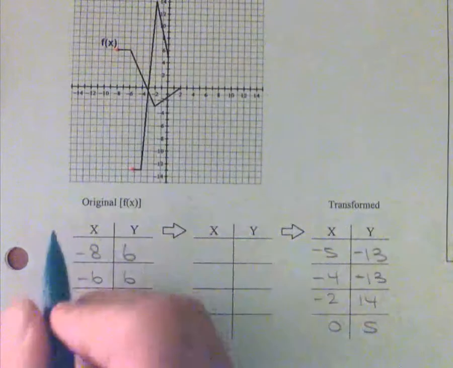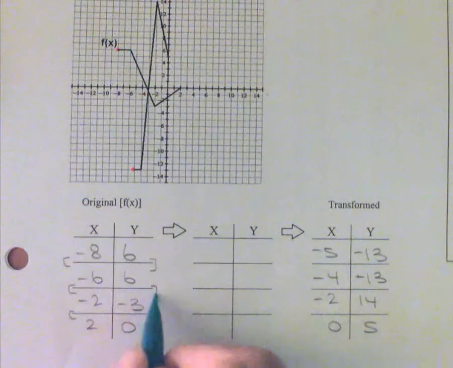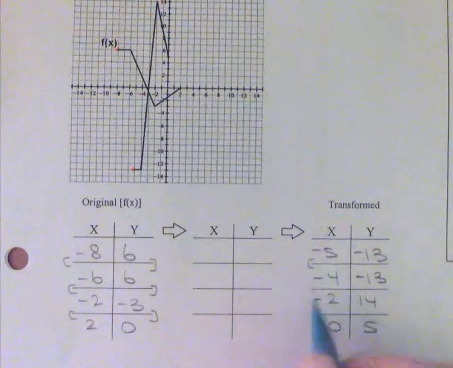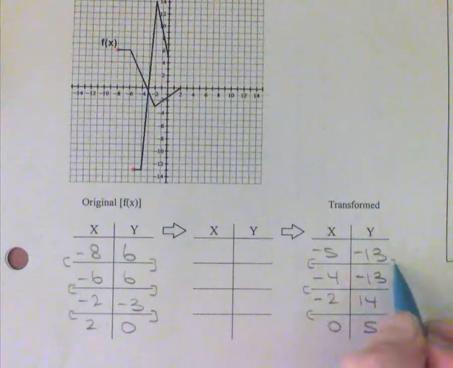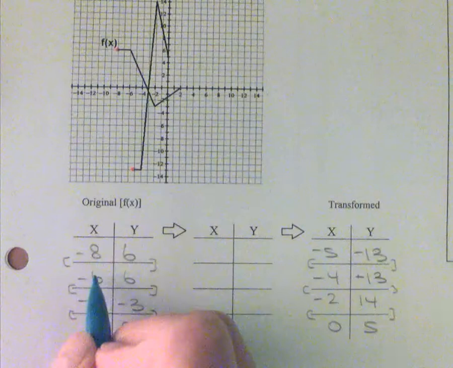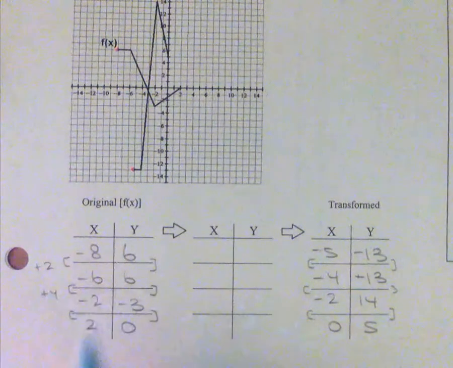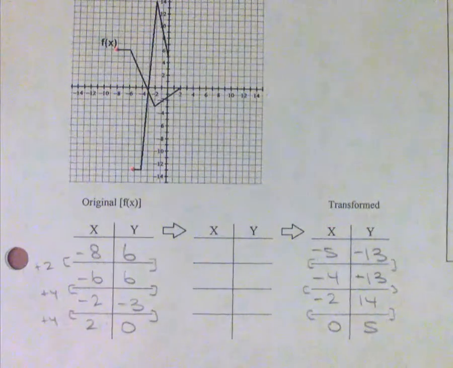Next thing I want to do is look at first differences. I'm going to look at them for both the original function and the transform function. So if I go from -8 to -6, I've added 2, I add 4, and I add 4.